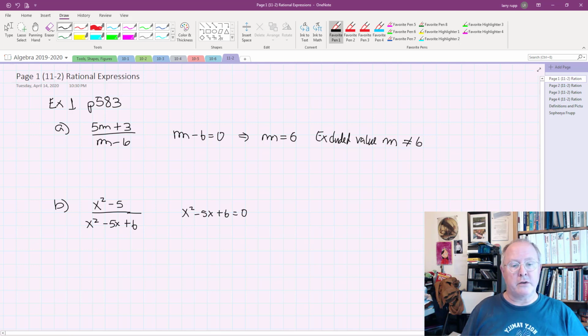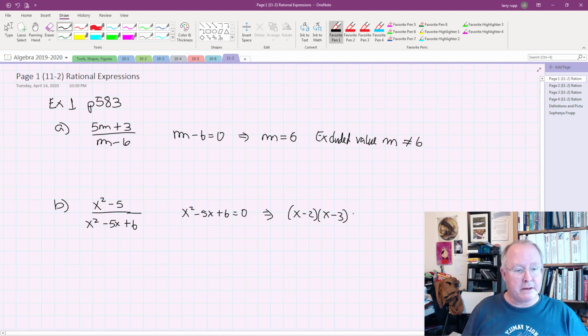So how do we solve this? Well, you should know this by now, right? We have to factor it. So what two factors multiplied together give you positive 6 and added together give you negative 5? How about x minus 2, x minus 3?